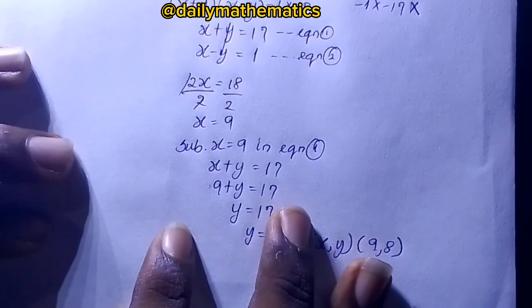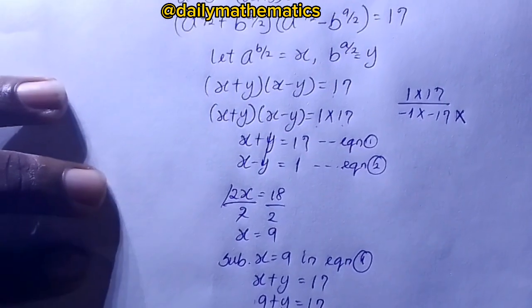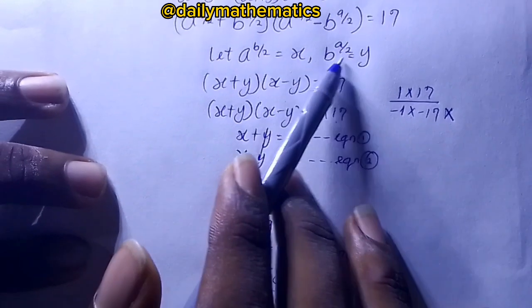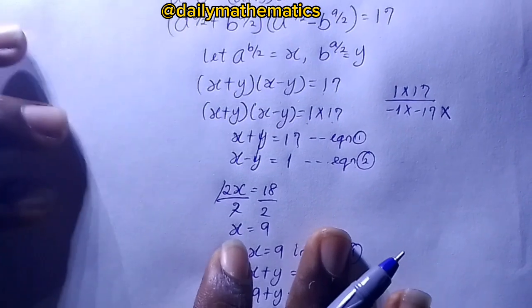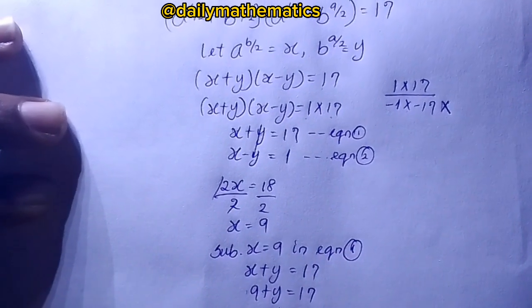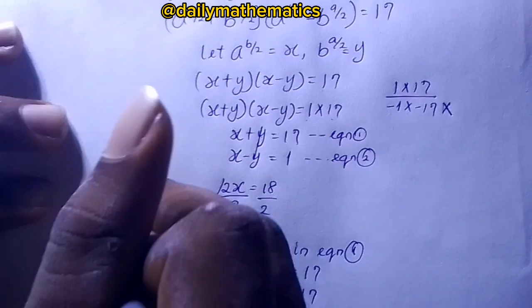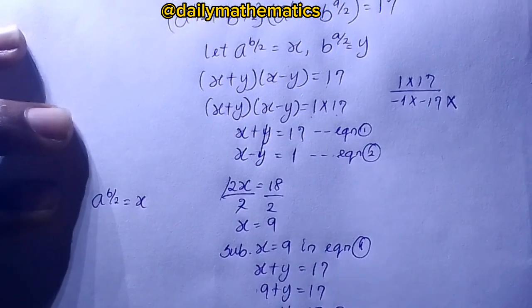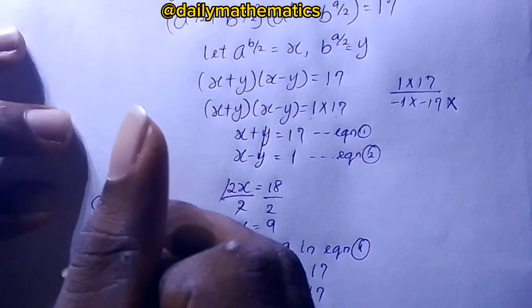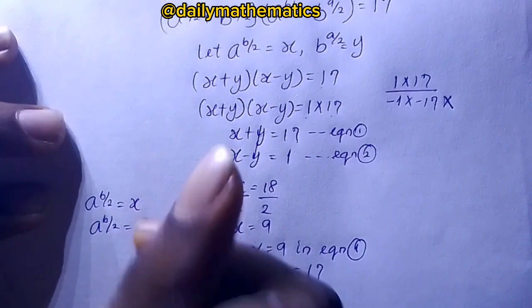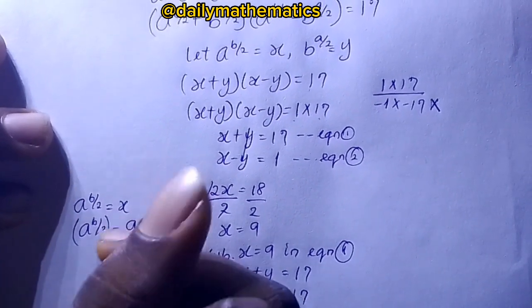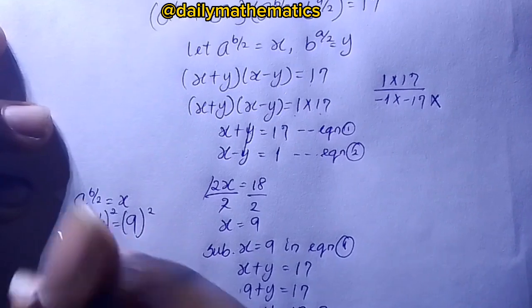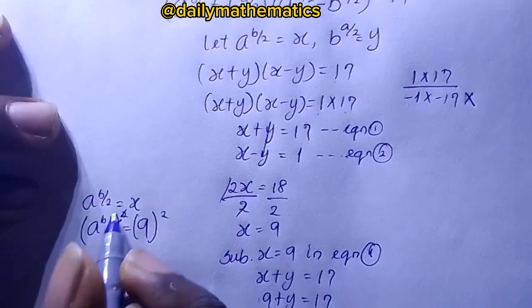Correct. And remember here we said that a raised to the power of b over 2 equals x, and b raised to the power of a over 2 equals y. So we have a raised to the power of b over 2 equals x, and we see x here to be 9, so a raised to the power of b over 2 equals 9. From here we can square both sides, and the 2 cancels because they can be multiplied.